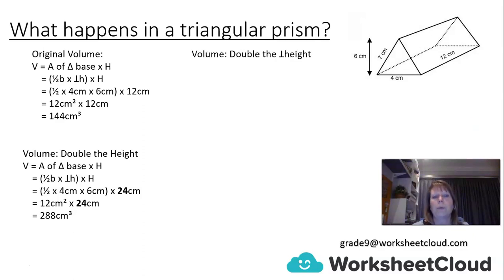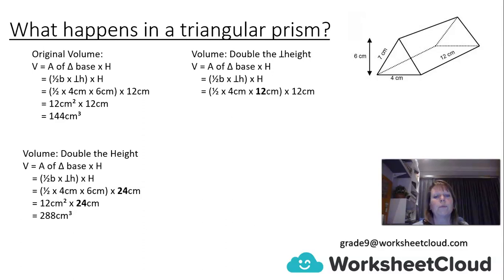Let's now double the perpendicular height. There's going to be quite a lot of working on this page. We go back to our original height of the prism. We're going to go back to that measurement, but we're going to double this height here, which is our 6 centimeters. So we've got area of the triangular base times our height. It's going to be half base times perpendicular height times the height of the prism.